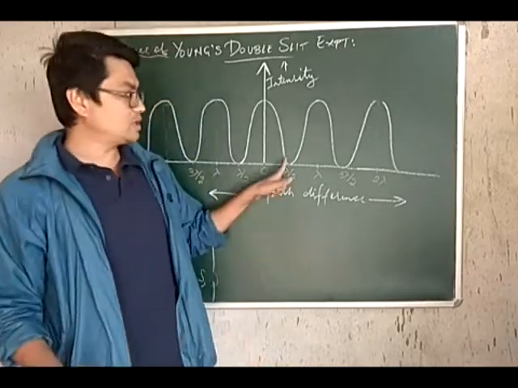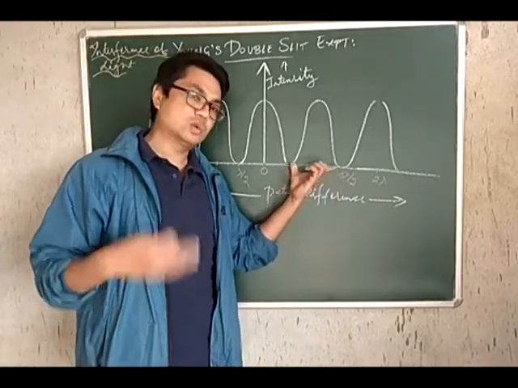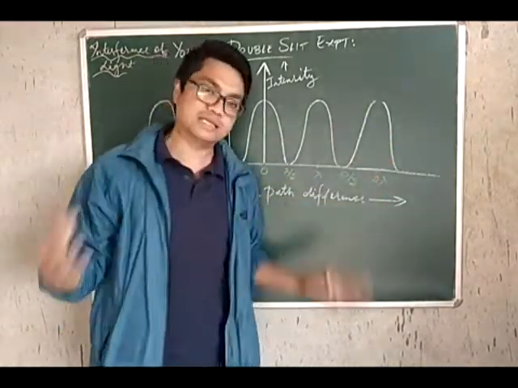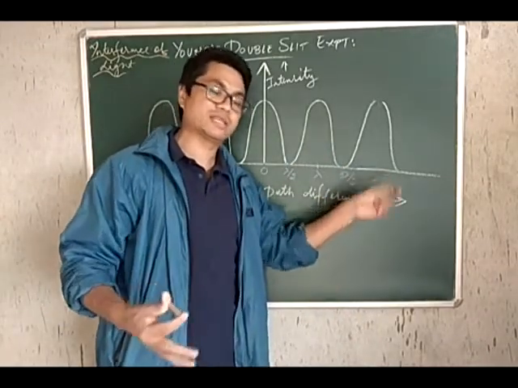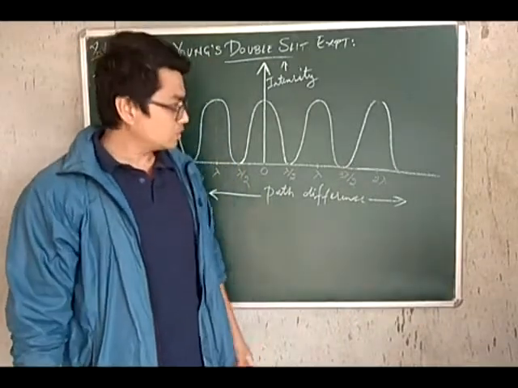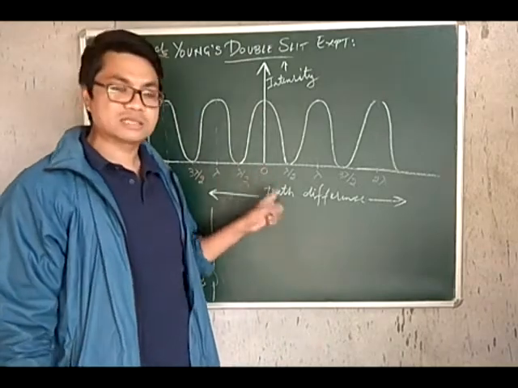Whatever energy was to reach the dark fringe positions has been shifted or focused on the bright fringes. So at the positions where we are getting bright fringes, it's like the energy is doubled. So this is not a violation of conservation of energy, and you'll be asked to plot this graph sometimes.